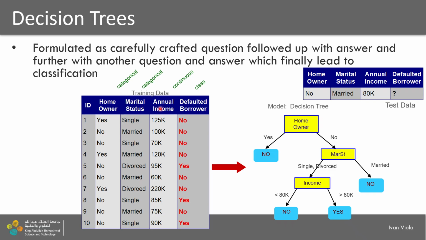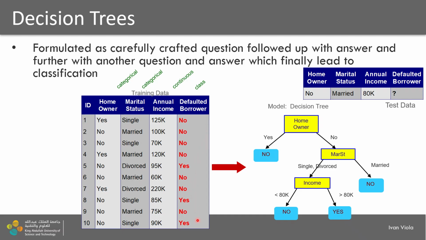We have here a case of some loan applicants, and we have a training set. We would like to know whether an applicant will likely not be able to pay off their debt when applying for a loan.